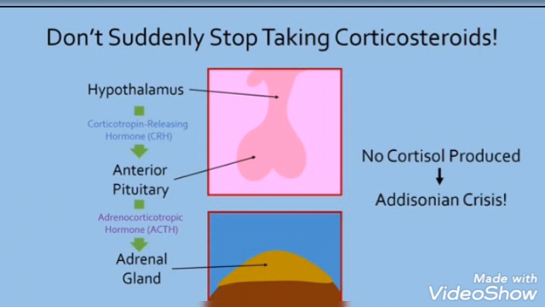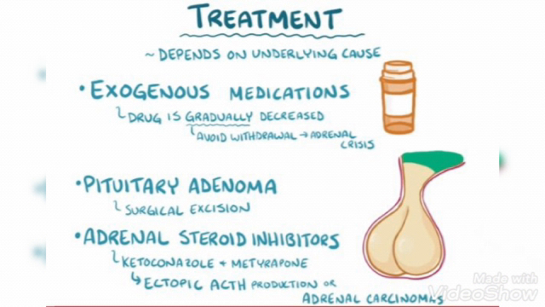Patient is not asked to suddenly stop the corticosteroids, the medications, because if the patient does so, then Addisonian crisis will occur. That is, no cortisol production will occur then. Treatment depends on underlying cause. Like if the exogenous medication is the reason, the drug is gradually decreased.